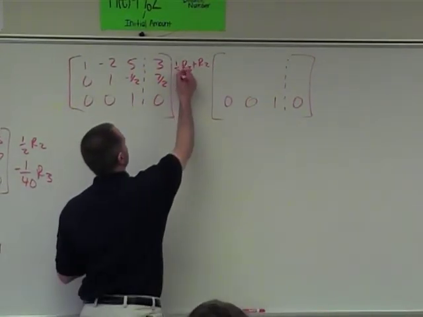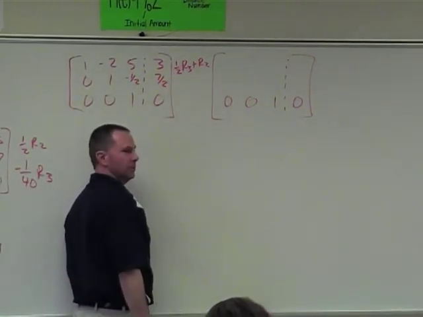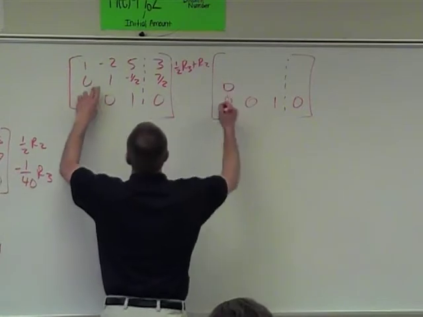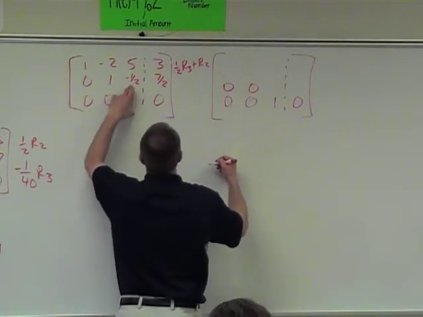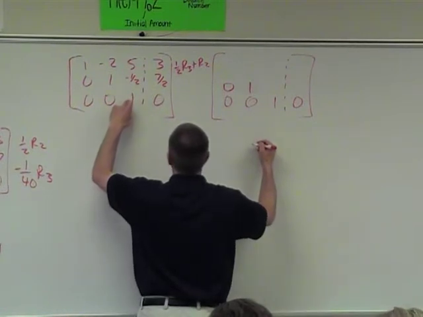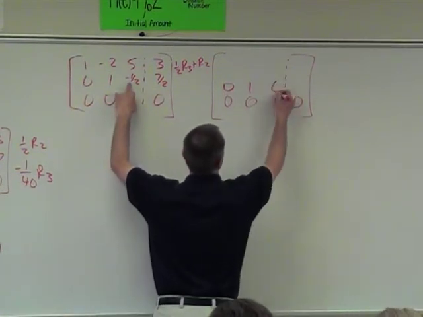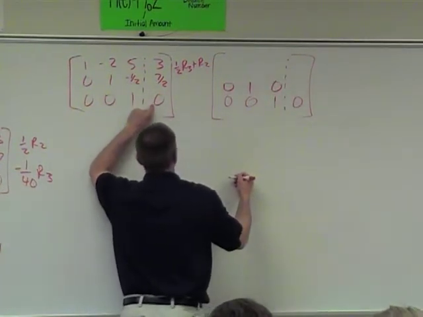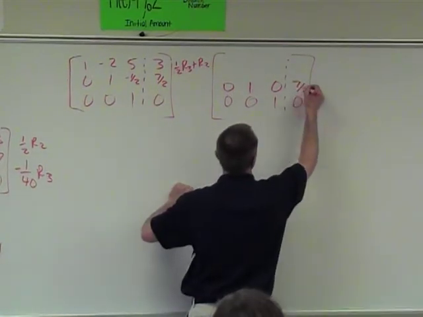So 1/2 times row 3 plus row 2. That's going to be 0. Oops, I'm sorry. 1. Sorry. 0 plus 1 is 1. This times 1/2 is 1/2 plus -1/2 is 0. That's 0 plus 7/2.